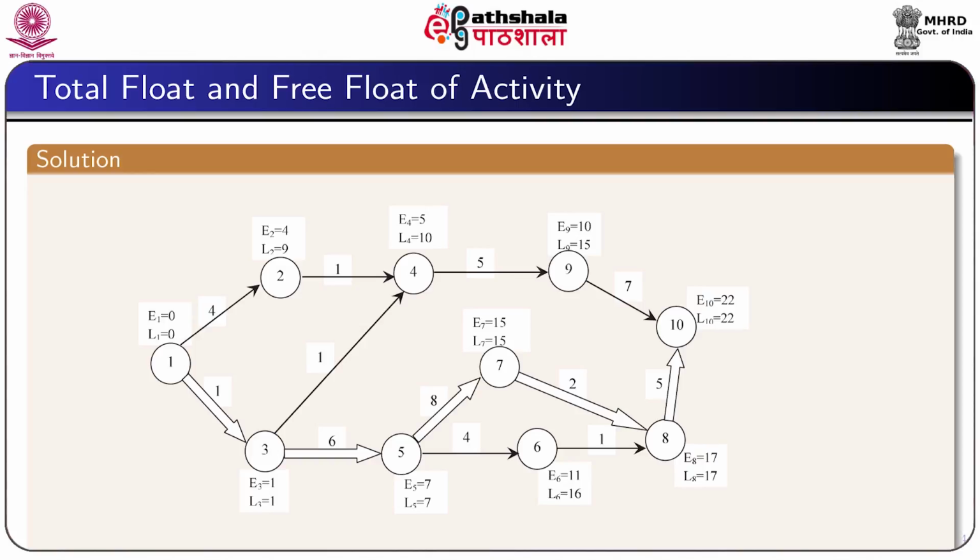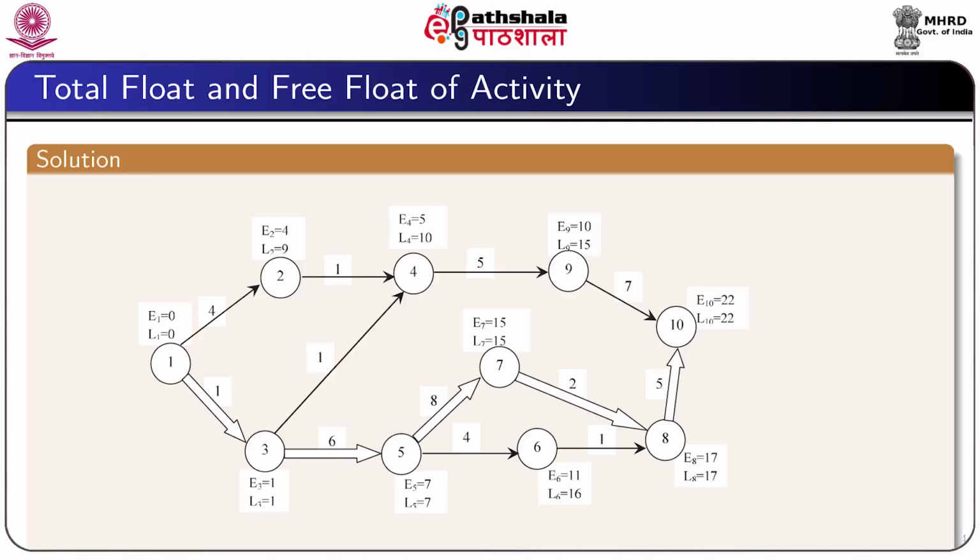That means if we delay the activity 3,4 by 3 units of time, there will be no harm in the starting of the successor activity 4,9. Thus, the free float for the activity 3,4 is equal to 3.